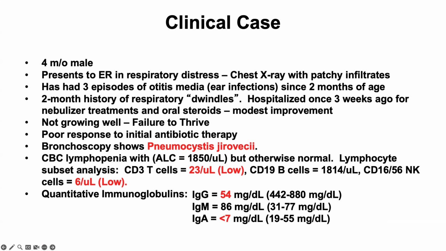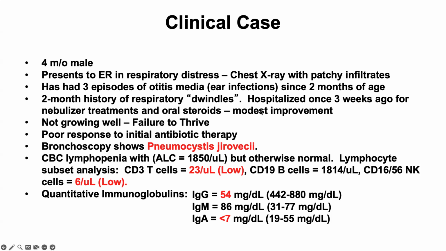He had a 2-month history of respiratory troubles. Basically, he had a cough, he was sort of snotty, and he was hospitalized once 3 weeks ago. It just seems like it's getting worse and worse. He got nebs and oral steroids, and he was modestly improved, so he was sent back home, but he's just not growing very well.